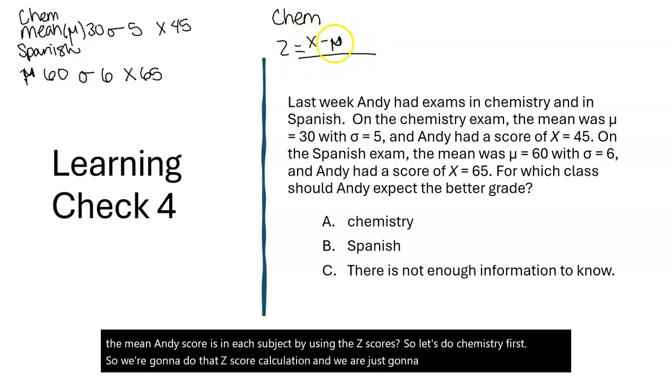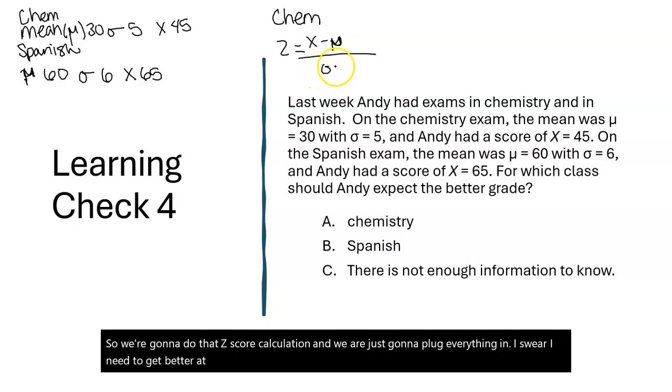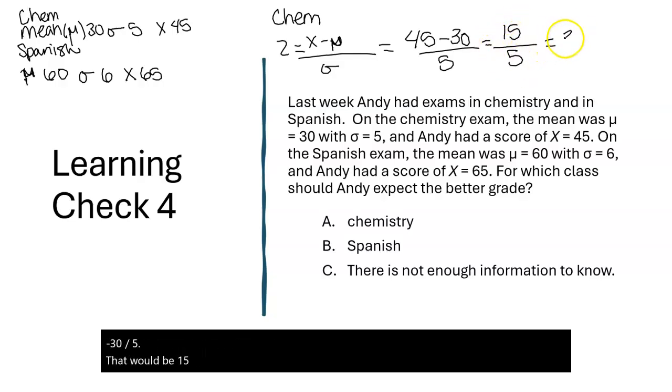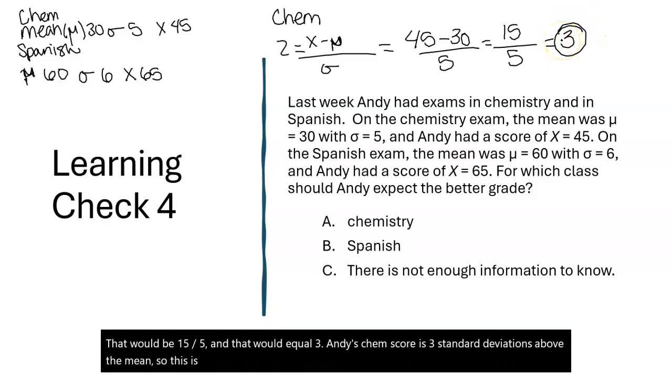So that would be 45 minus 30 over 5. That would be 15 over 5, and that would equal 3. Andy's chem score is 3 standard deviations above the mean. So this is a really high achievement.